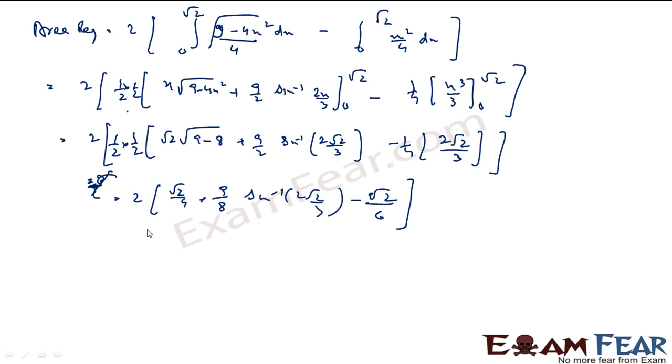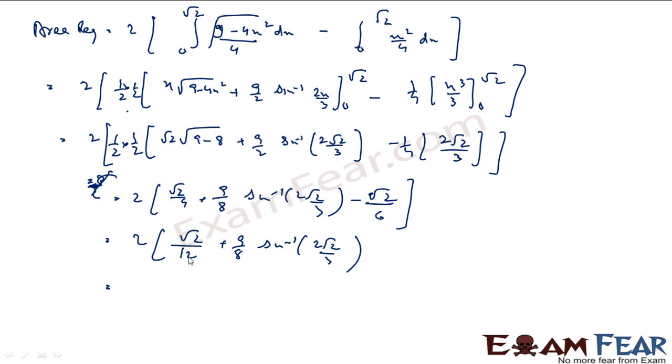So if you solve this further, this is nothing but root 2 by 6 minus root 2 by 4 minus root 2 by 6, that is root 2 by 4 minus root 2 by 6. If you take 12 common, this becomes 3 root 2 minus 2 root 2 plus 9 by 8 sine inverse 2 root 2 by 9.